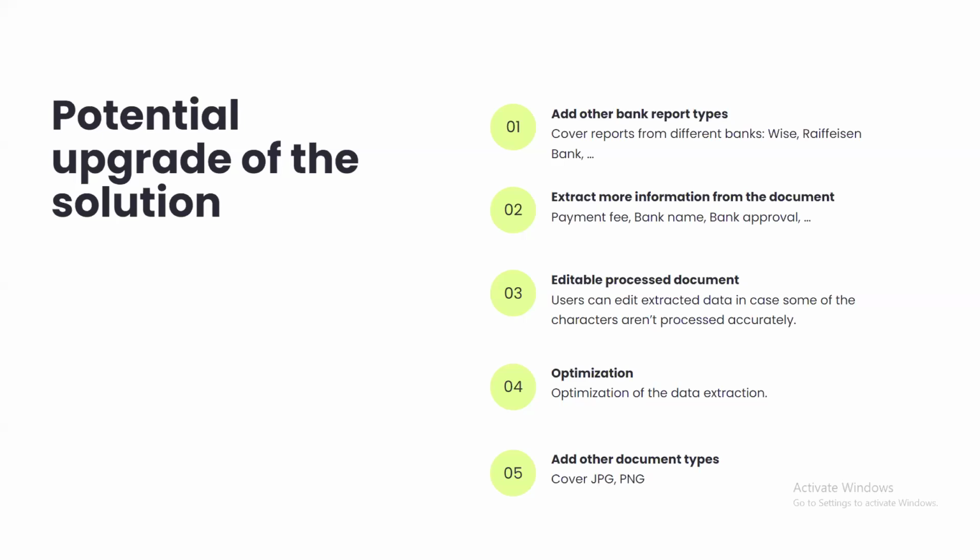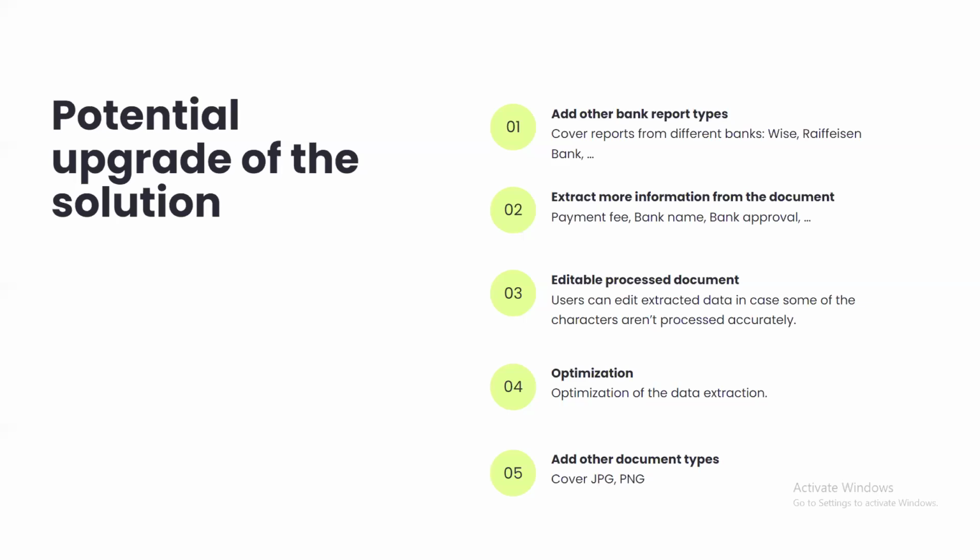Yes, this code is scalable. You can add checks on bank names, and after that attach particular coordinates related to the detected bank name. You can cover reports from different banks, Raiffeisen Bank, or some other banks.